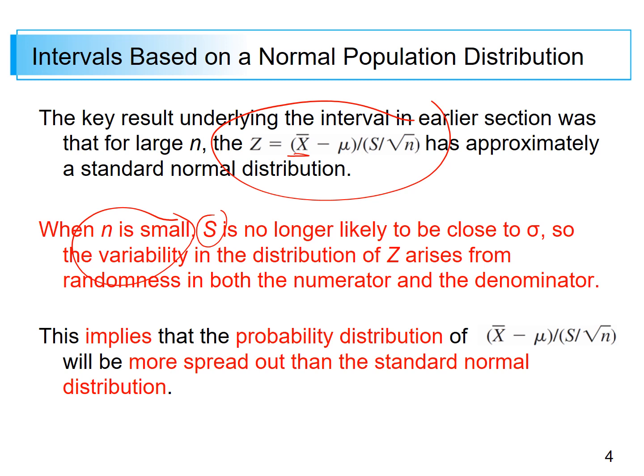So the variability in Z is from both the sample mean in the numerator and the sample standard deviation in the denominator. And because of this variability, we would expect that the probability distribution of the standardized random variable is going to be more spread out than the standard normal distribution.